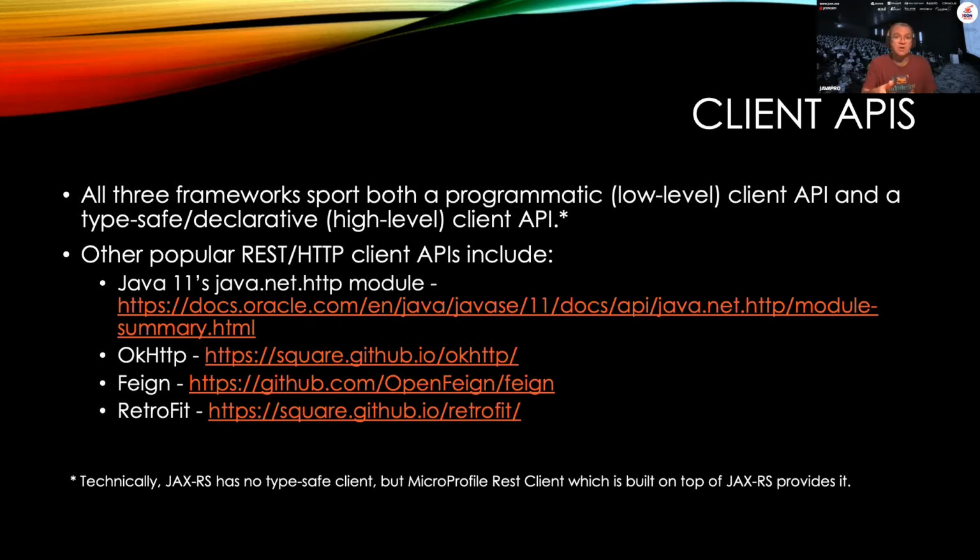I do have a star here because JAX-RS technically doesn't have a type safe client, but MicroProfile REST client, which I'm hoping will eventually become part of the JAX-RS spec in a future version, does. And if you wanted to use that type-safe REST client, MicroProfile REST client is built right in and integrates very nicely.